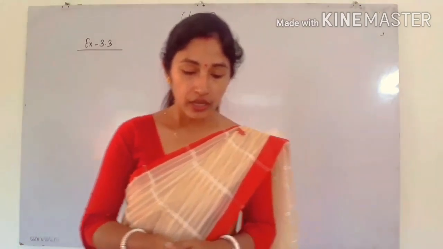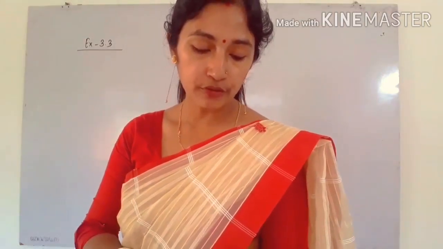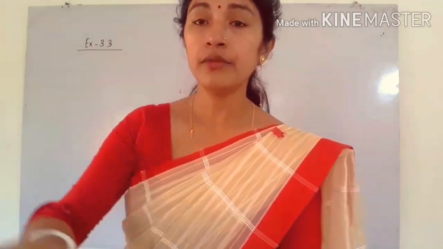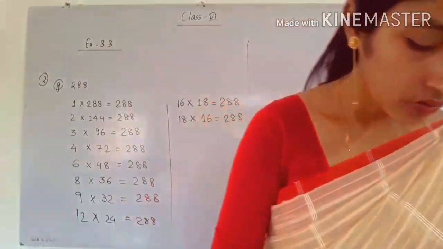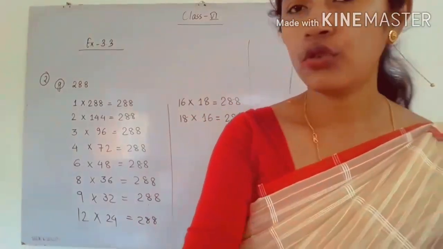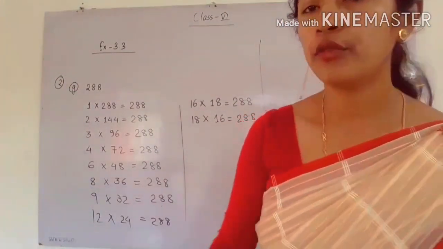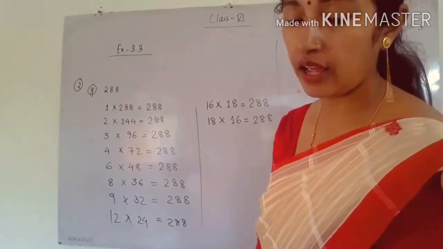Okay. Next, come to question number 2. What are the factors of the following? From this question I will do one. Question number 2, G. You have to find the factors of 288. How can you find them? There are many ways, but I have chosen this way.